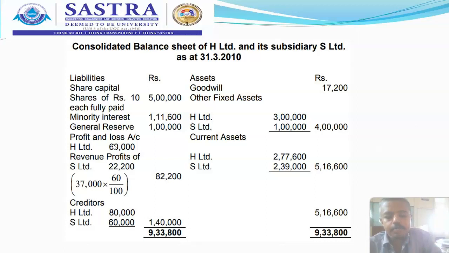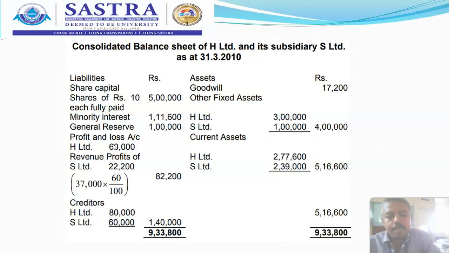So in this balance sheet, the simple thing we have to do is add both the assets and both the liabilities, which are from outsiders. So for assets, take both fixed assets and current assets, add together. Do not worry about revaluation, etc., because everything has been done at the time of acquisition, not now. And goodwill we have calculated as 17,200.